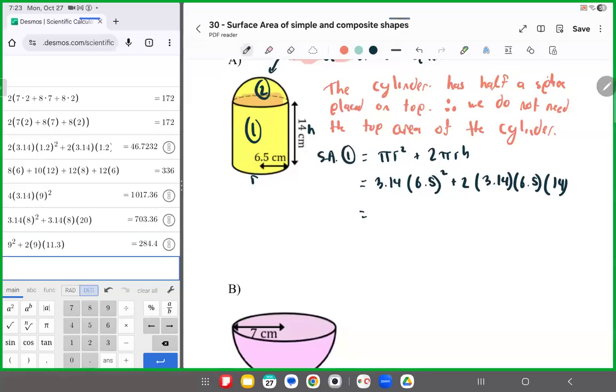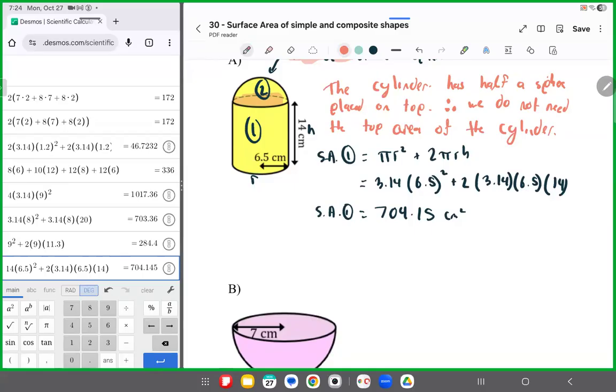Typing this in, we have 3.14 multiplied by 6.5 squared plus 2 times 3.14 times 6.5 times 14. We'll round this to 2 decimal places. So the surface area of the first shape is equal to 704.15, and these are going to be centimeters squared.